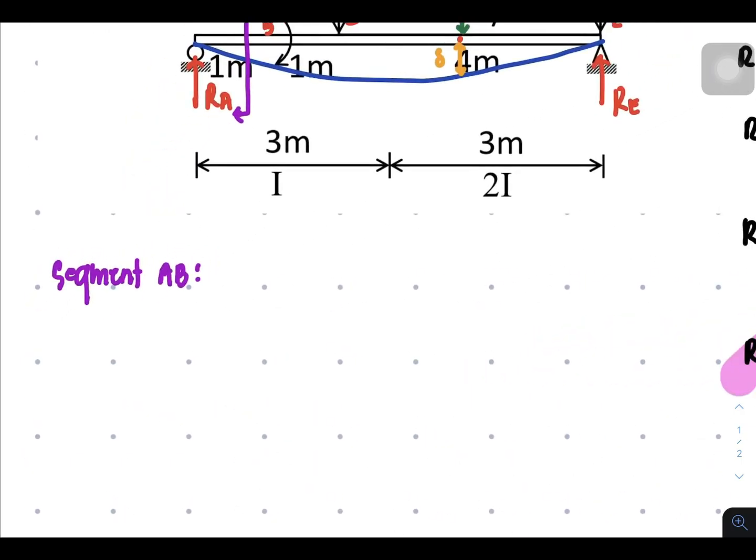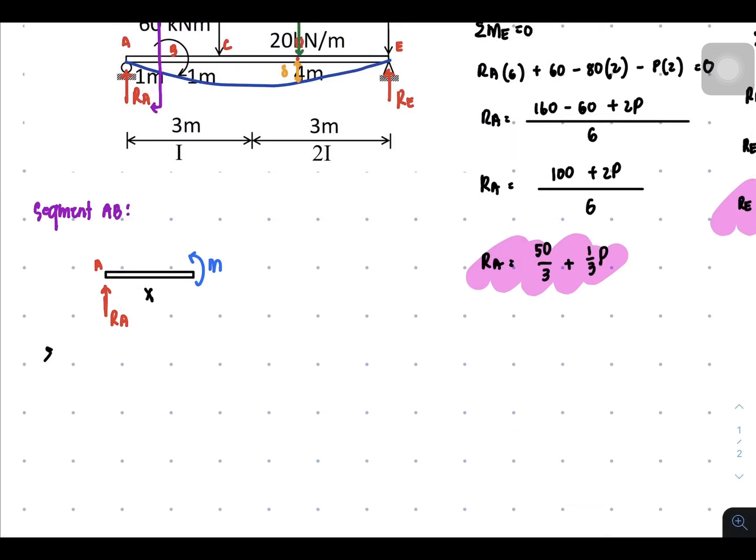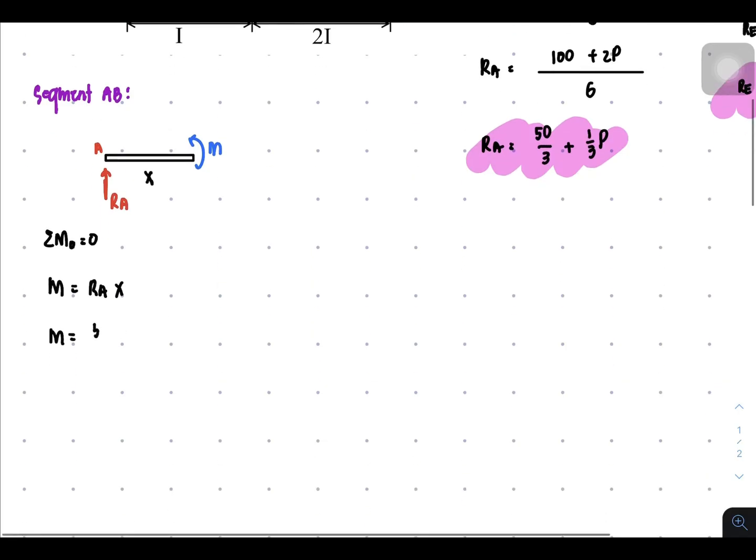For segment AB, we have here the segment, and then we are going to place the reaction at RA, since this is point A, and of course we'll have our moment M here and here as X. So summation of moment at the point of cutting equal to 0, we will have M equal to RA times X, where RA is 50 over 3 plus P over 3, times X.